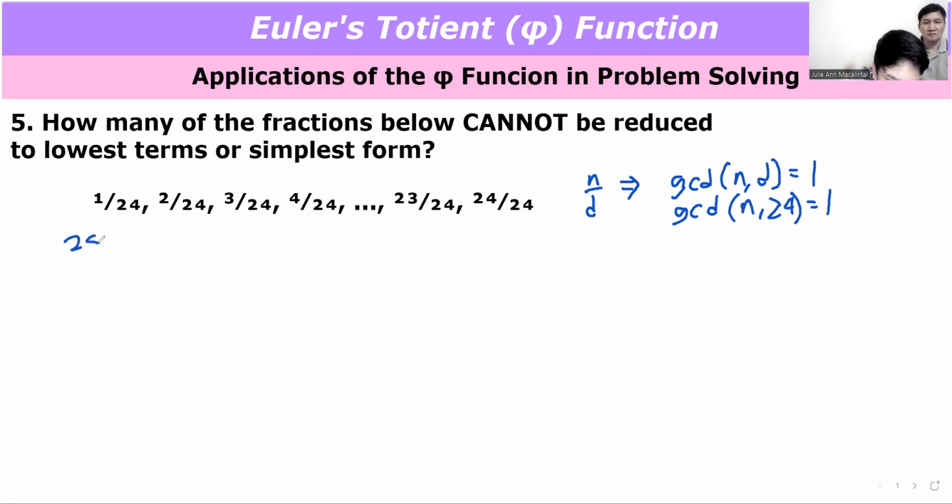Now, to solve almost any GCD problem, we have to write out first the prime factorization of 24. So I'll just put it here.